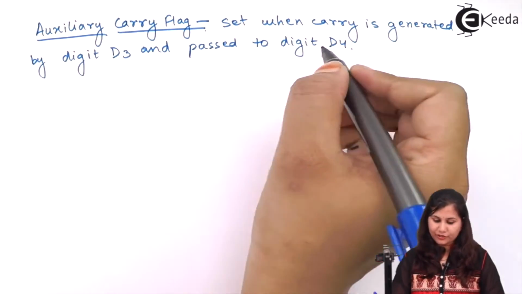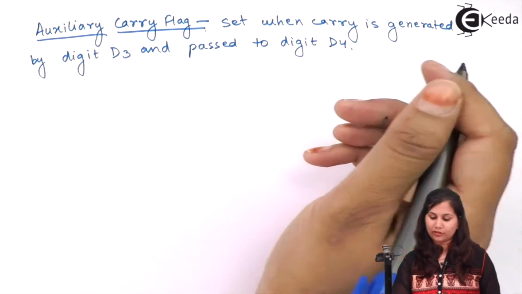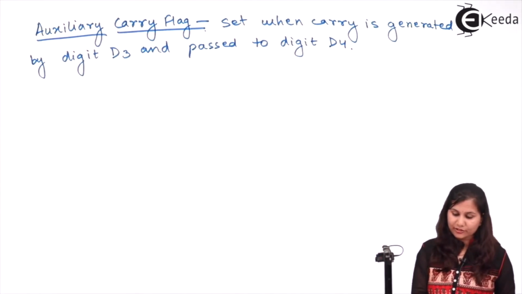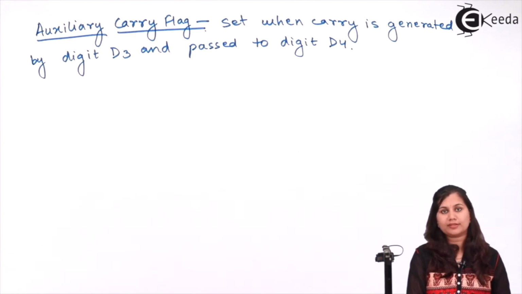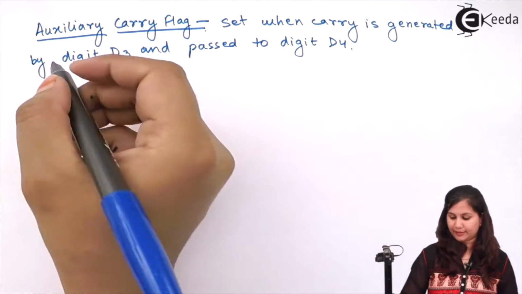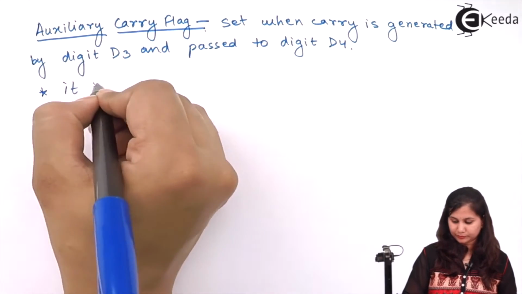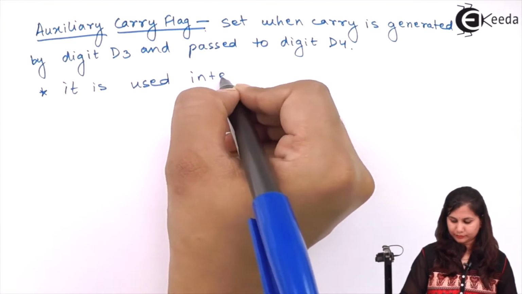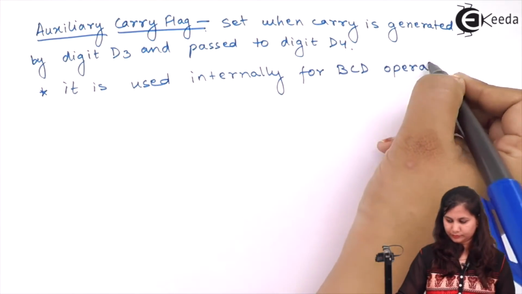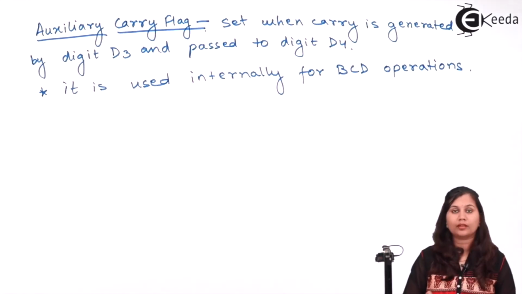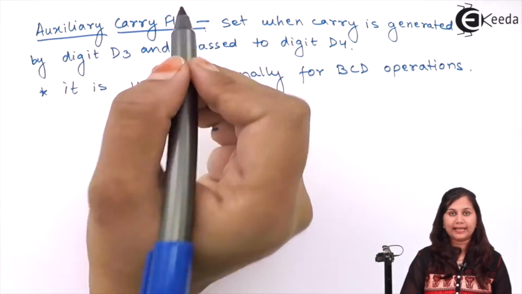This condition generally occurs when BCD operations are involved in the microprocessor. So this was the auxiliary carry flag.